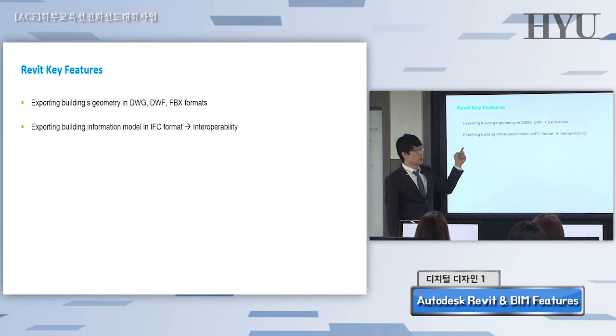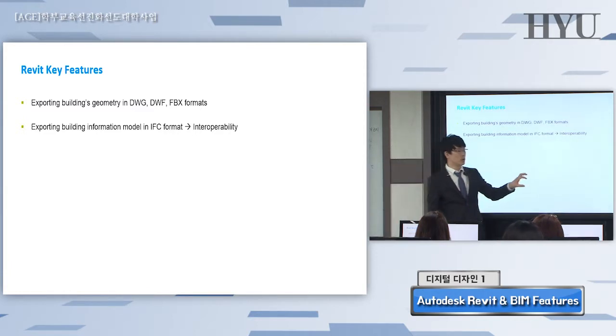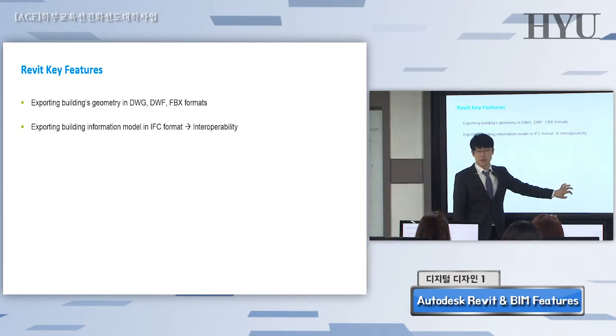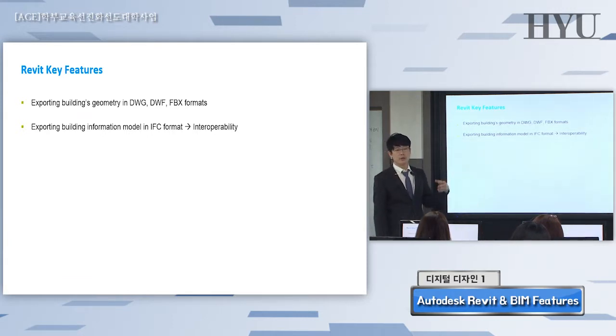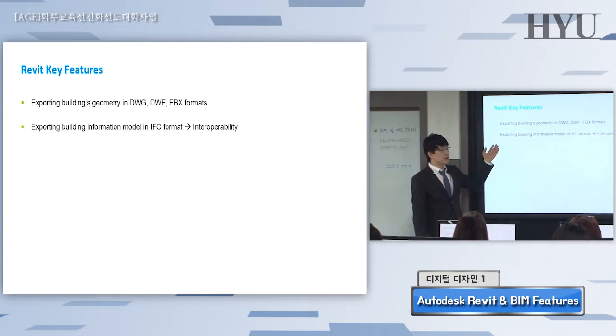What if you want to export everything in Revit? What if you create something in Revit and want to open that Revit file in ArchiCAD, a different BIM tool? In that case, we can use the IFC format, okay? This one contains everything: geometry, information, building information, relations.